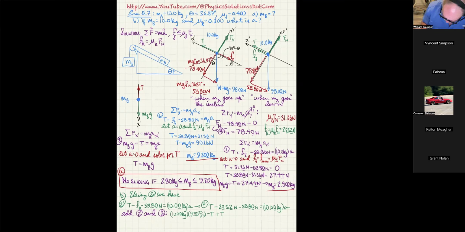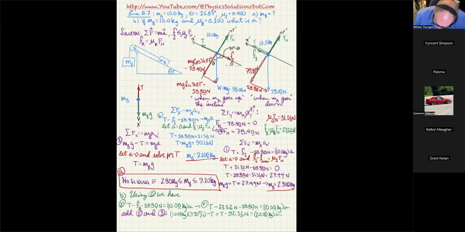That gave me 82.32, so I'm going to say minus 82.32 newtons is equal to 10.0. Notice the right-hand side of equation 3 is 10.0 kilograms times A, and the right-hand side of equation 2 prime is also 10 kilograms times A. So rather than write 10 kilograms here, I'm going to write 20 because it's the sum of the two. So that'll be 20.00 kilograms times A.